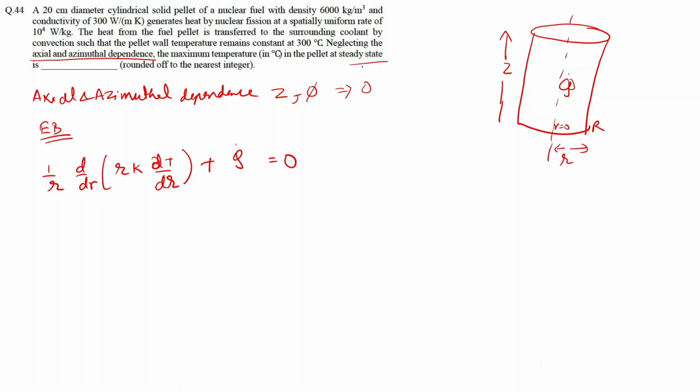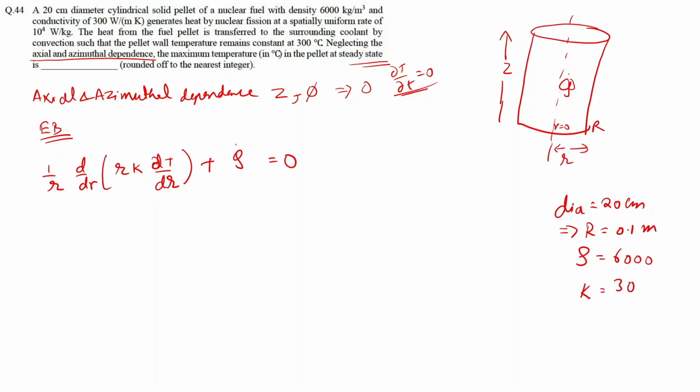But since we are given steady state, del T by del t we are considering as 0. And here, what all things we have been given? The diameter is 20 centimeter, that implies R is 0.1 meter. Density we have been given as 6,000.